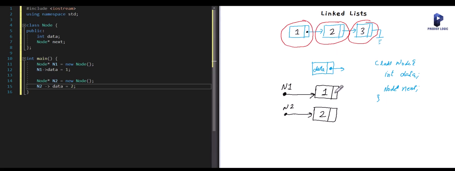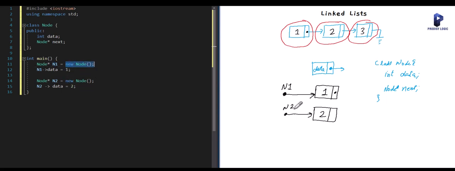So in this case we want this part here to contain the address of the second node. Now if you know about dynamic memory allocation, what happens when we initialize any object dynamically using the new keyword, when we create a new node here, then it creates a node and gets that address and assigns it to n1. So that means the contents of n1 are actually the address that is pointing to this node that was just created.